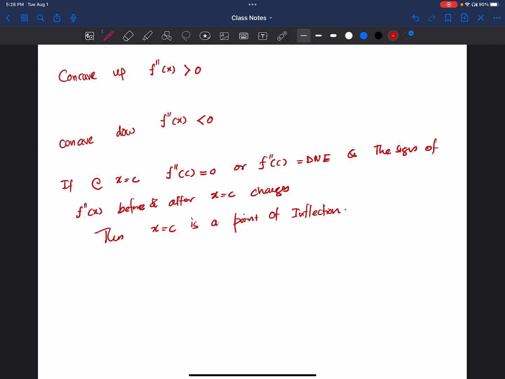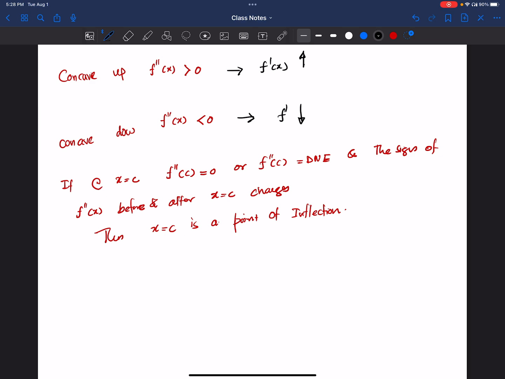And then we can get some information from f prime of x as well. When it is concave up, f prime of x is increasing, and when it's concave down, f prime of x is decreasing. With this information, we can find whether we have a local maximum or local minimum at x equals c.